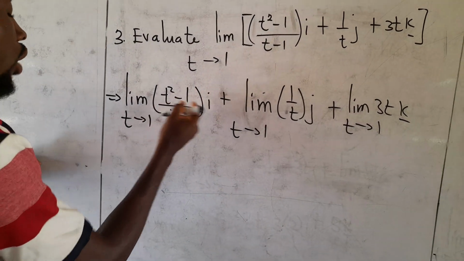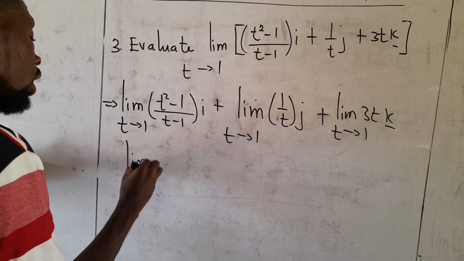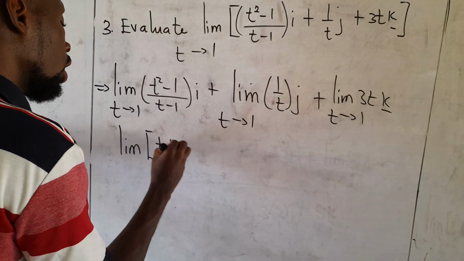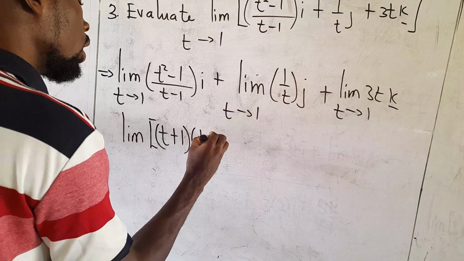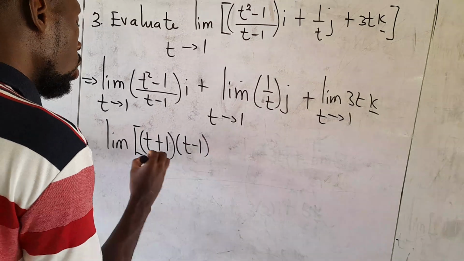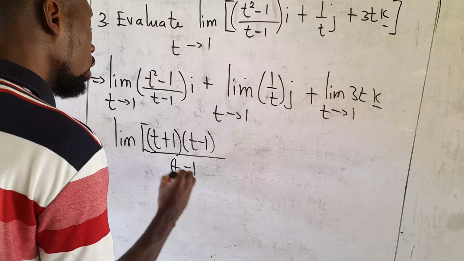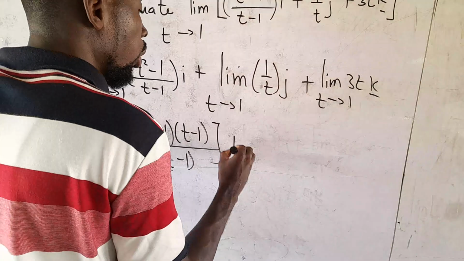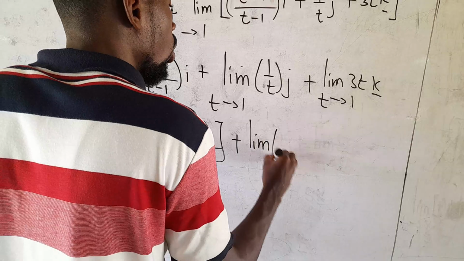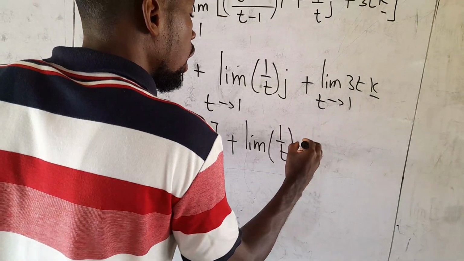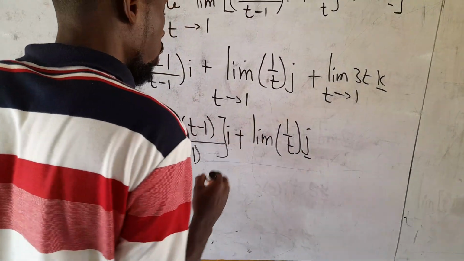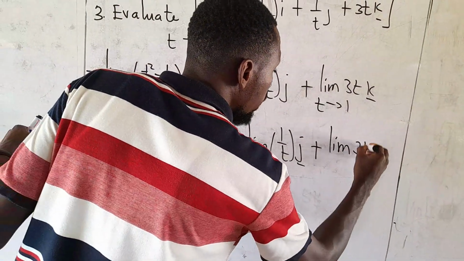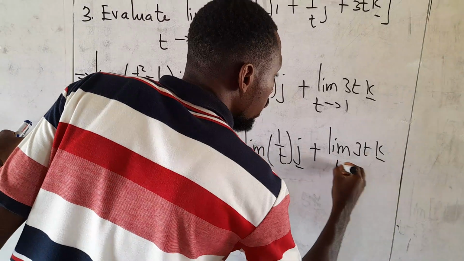So remember, this is a difference of two squares. So we can say this is the limit of (t plus 1)(t minus 1) all over t minus 1 as t approaches 1, plus the limit of 1 over t in the direction of j, plus the limit of 3t as t approaches 1.